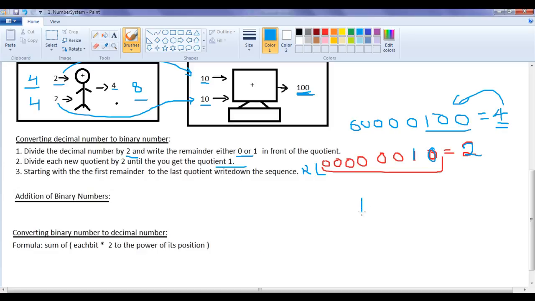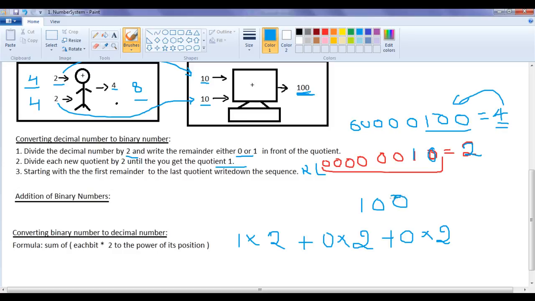If I have to convert 1 0 0 binary number to a decimal number, I have to get the sum of each digit 1 0 0 here, each digit multiplied by 2 to the power of its position.